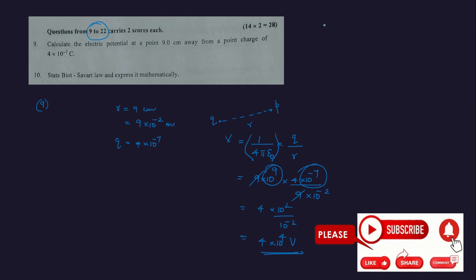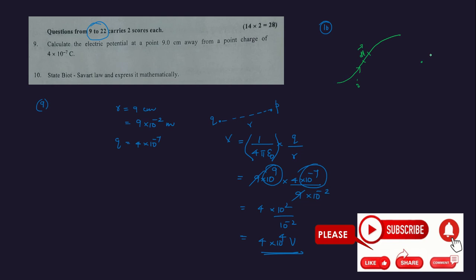Then question number 10. The question is, state Biot-Savart's law and express it mathematically. The Biot-Savart's law is simple. Suppose there is a current carrying conductor with a small element dl.